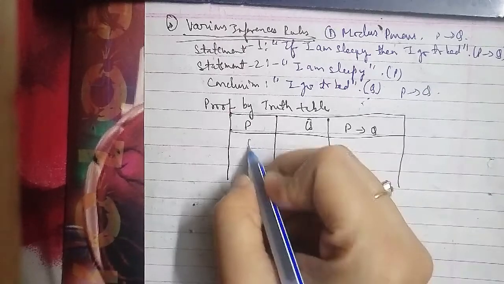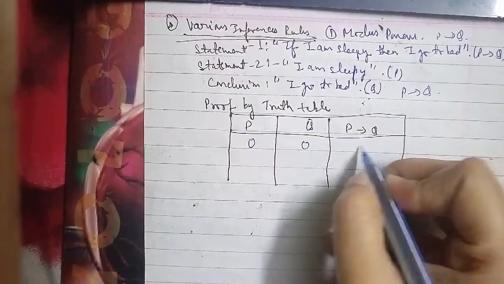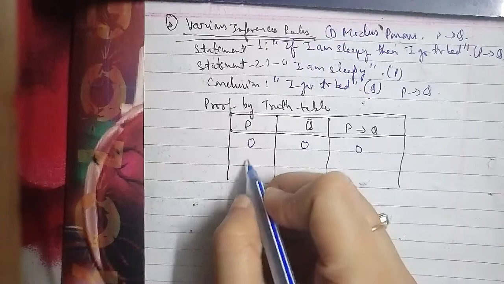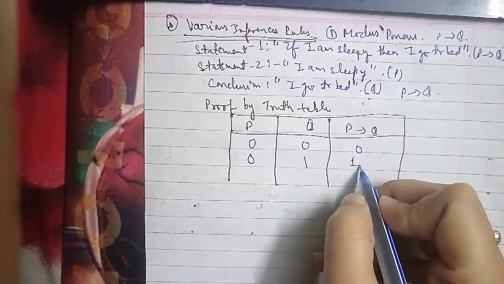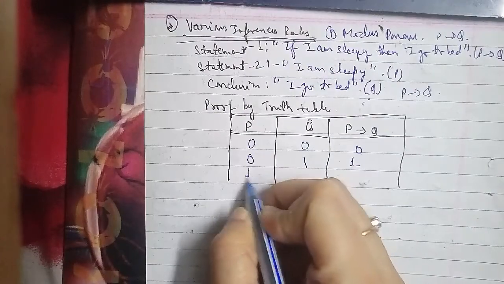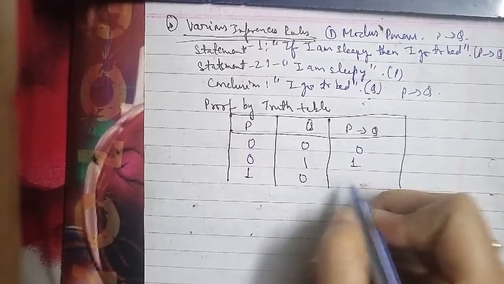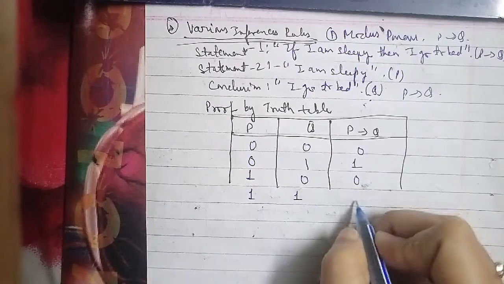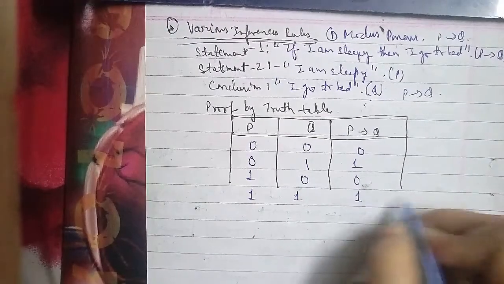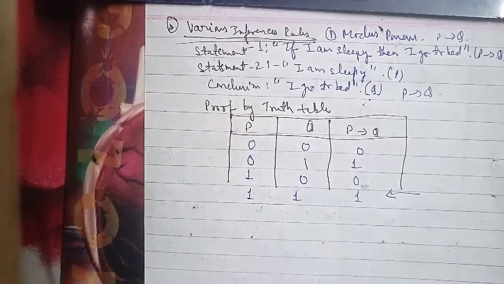If P is 0 and Q is 1, then it is 1. If P is 1 and Q is 0, then it is 0. And if P is 1 and Q is 1, then of course P tends to Q is 1. So this is the truth table we have to draw with reference to this example.